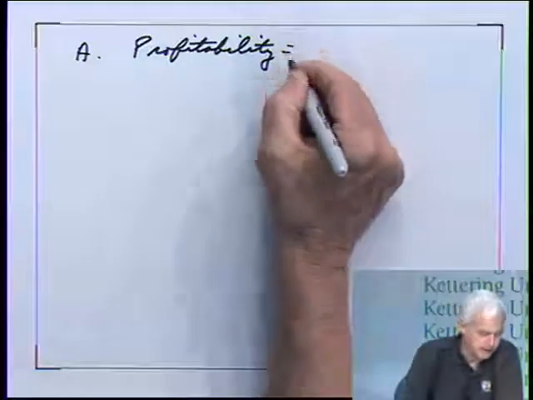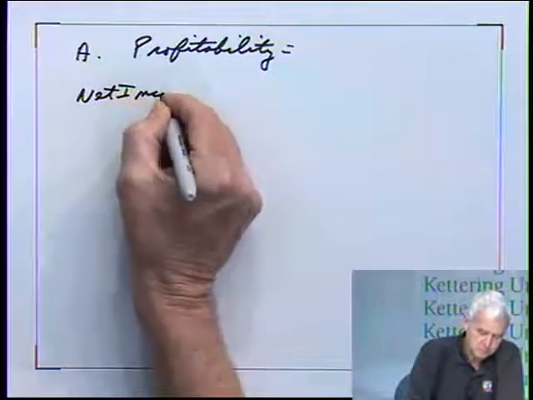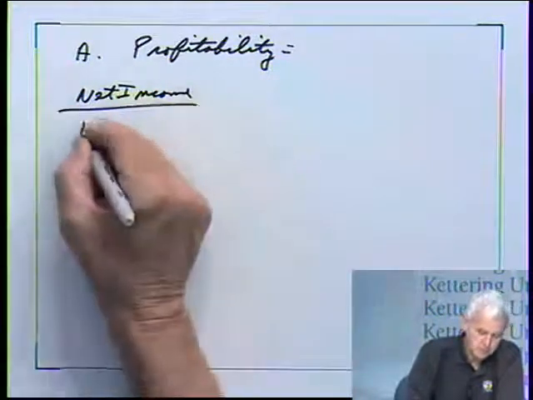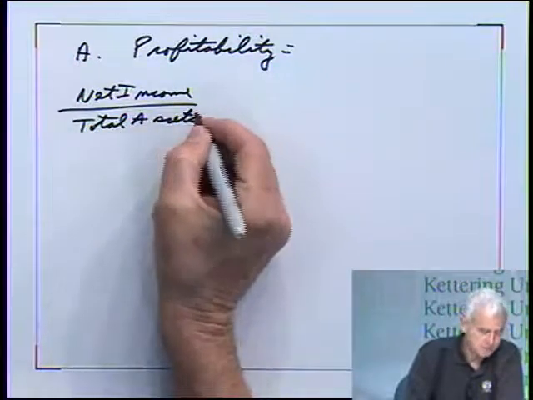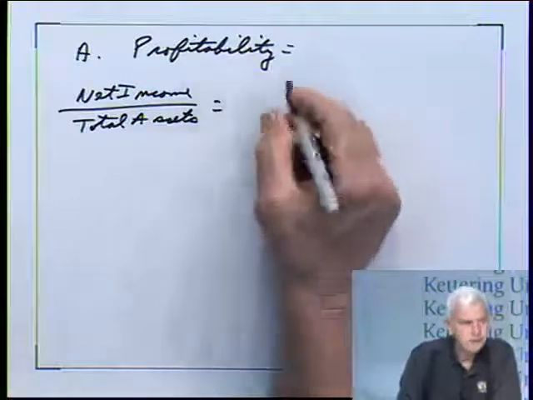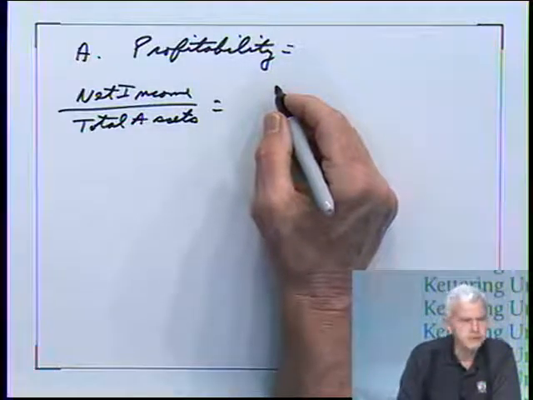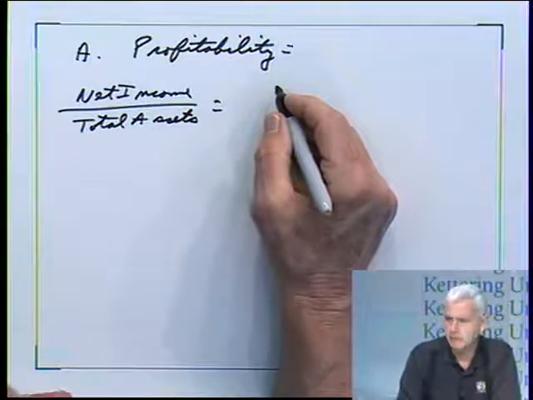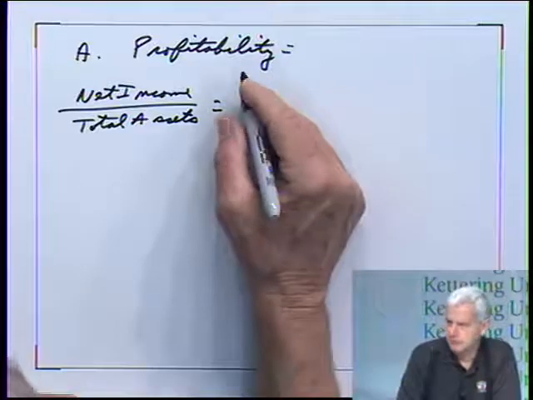ROI was, what was that again? Net income over total assets. I'm going to suppress the last 3 zeros that they gave you all the way through there. Hopefully that doesn't upset anybody, but I don't want to write zeros forever.